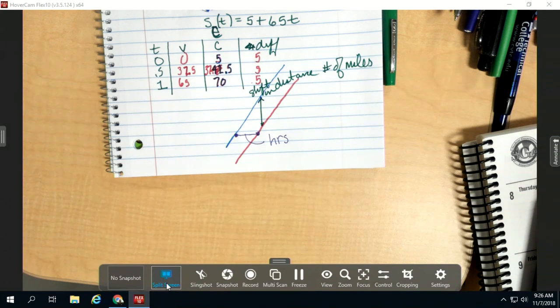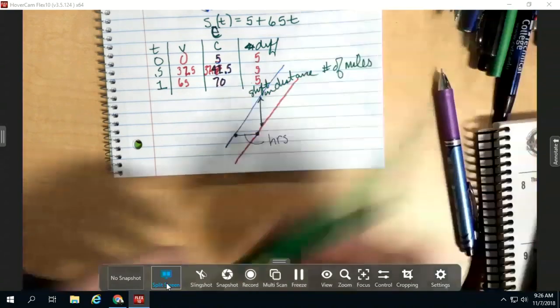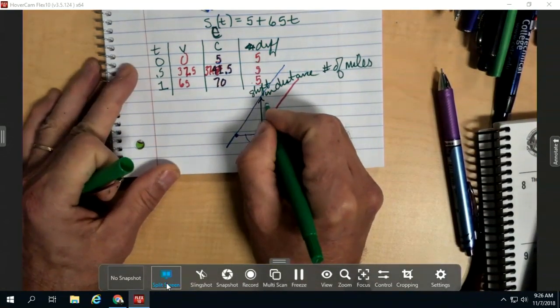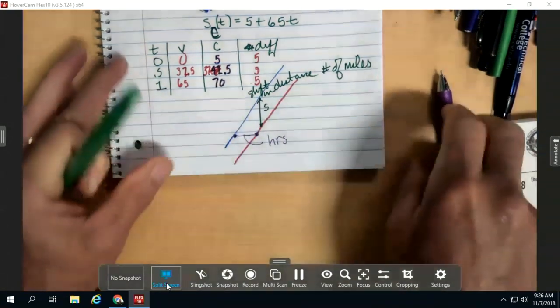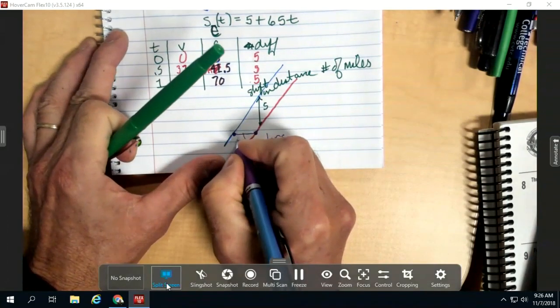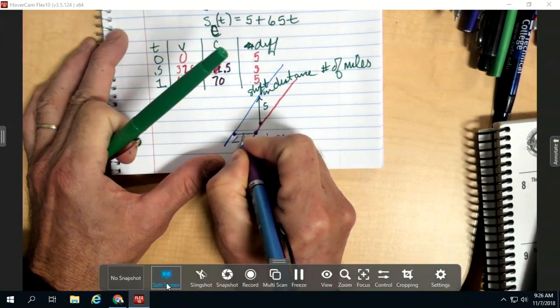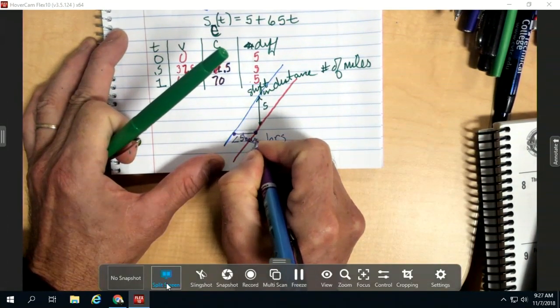How many minutes are in an hour? 60 minutes, which is bigger, 60 or 65? So the number of miles is slightly bigger. We know this is 5 miles, but this is not quite 5 minutes. So I'm going to say less than 5 minutes.